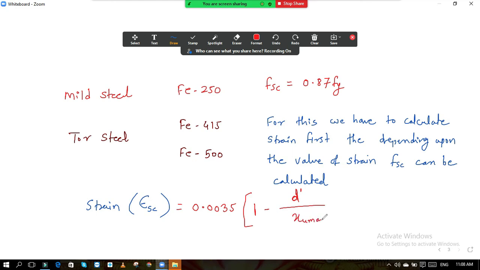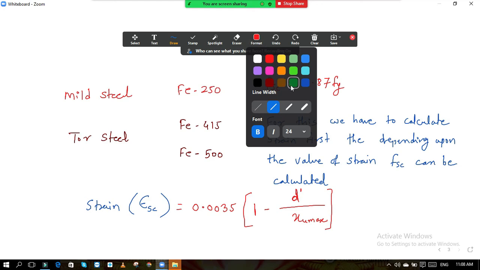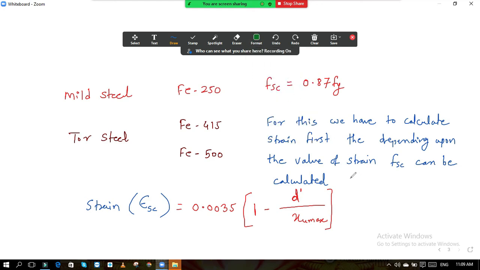And you do not need to memorize this formula. It is given in the IS code. I will also give you the clause number. It is given on page number 96, and I think it is clause number G1.2, in the IS 456-2000 standard procedure.